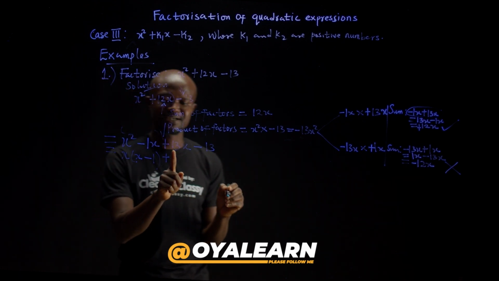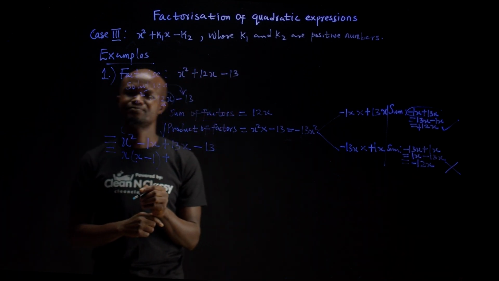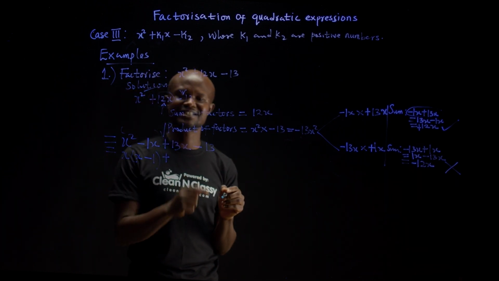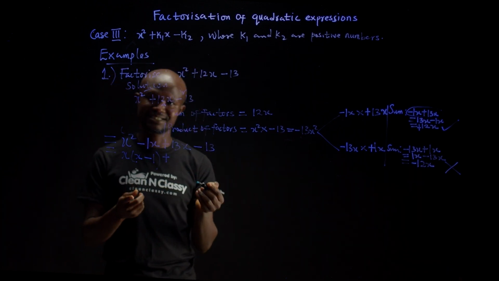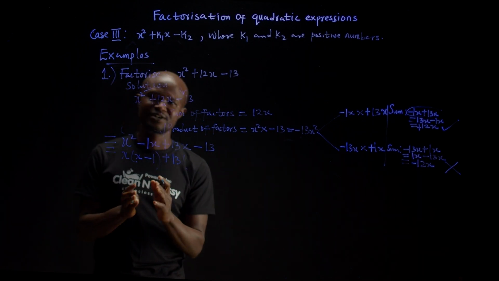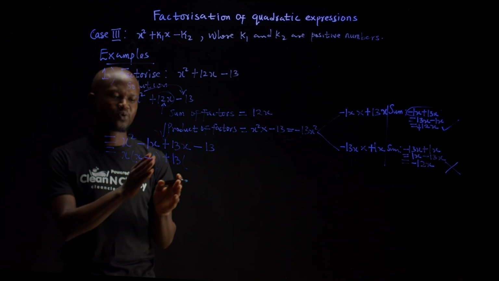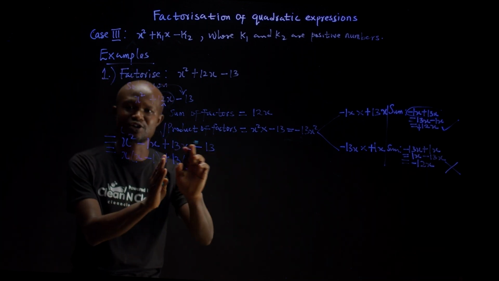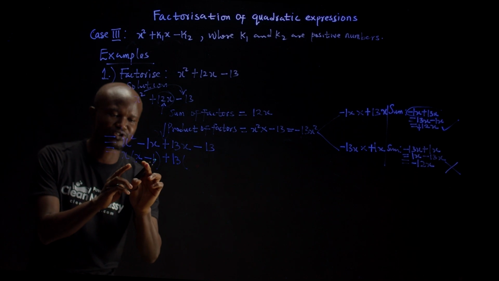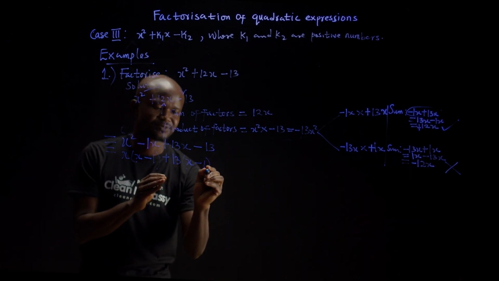Now, for this, 13 and 13, what is common? That is 13, the highest common factor. And a very fast way of getting what you have inside the bracket: once you get the highest common factor here, just write what you have here and copy inside, x minus 1.